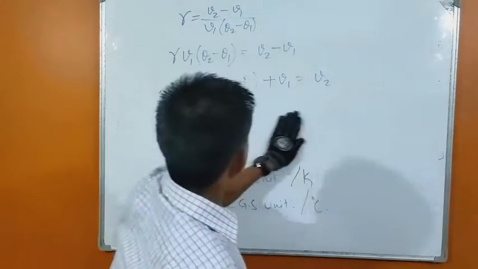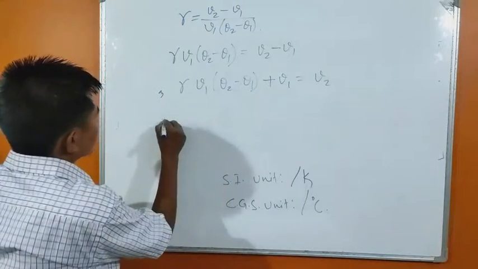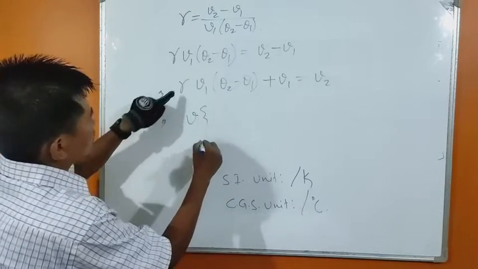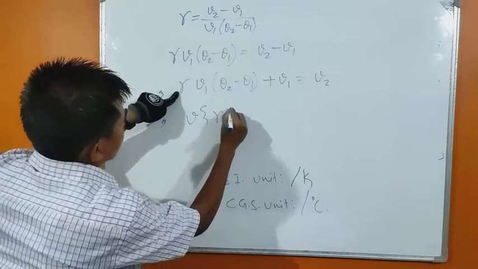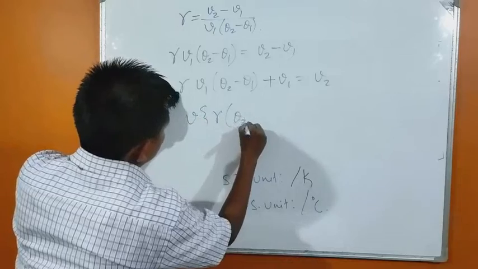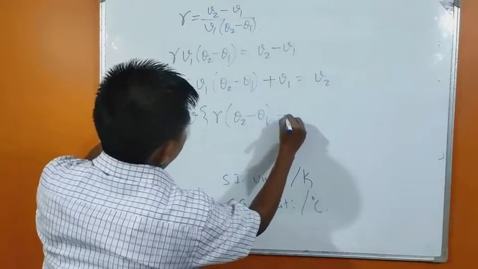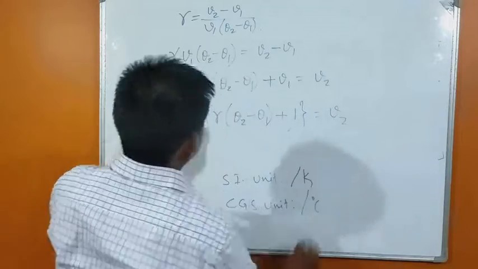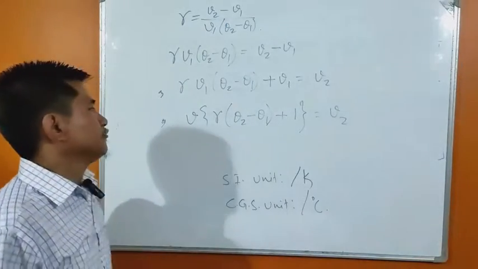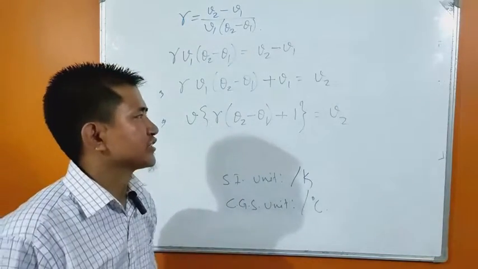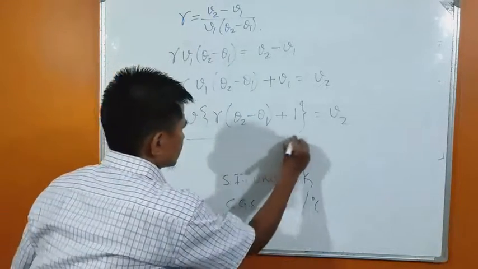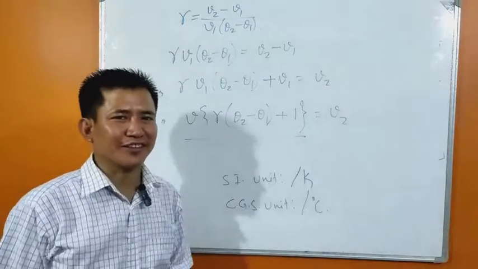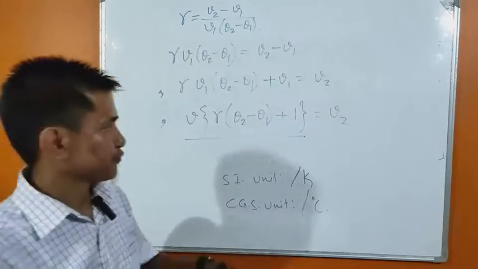Now let us take V1 common. Inside the bracket remains gamma into theta 2 minus theta 1 plus 1, equal to V2. So the new volume of the solid for theta 2 minus theta 1 degree Celsius rise in temperature will be this much, where gamma is the coefficient of cubical expansion of the solid. I hope you understood this.